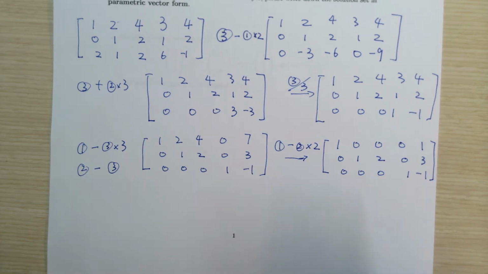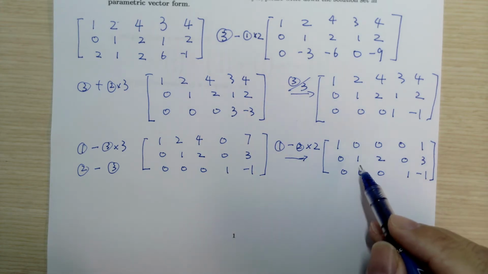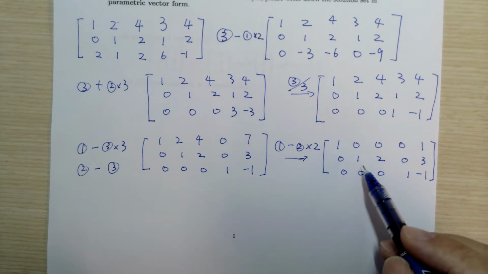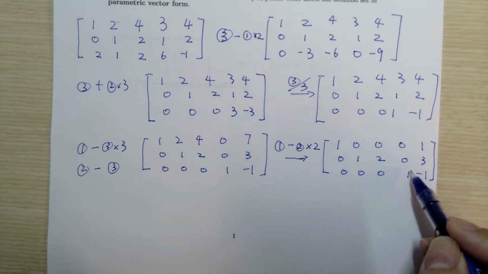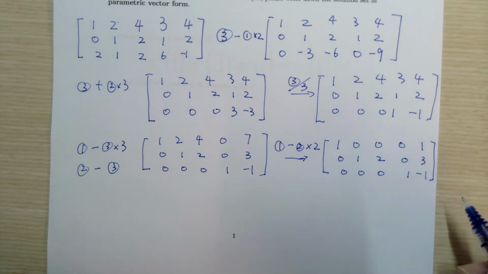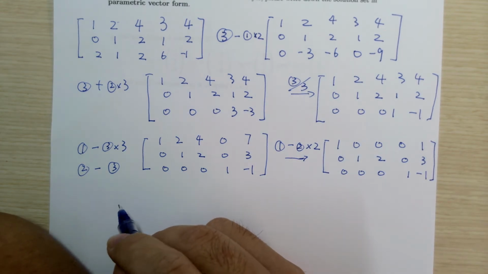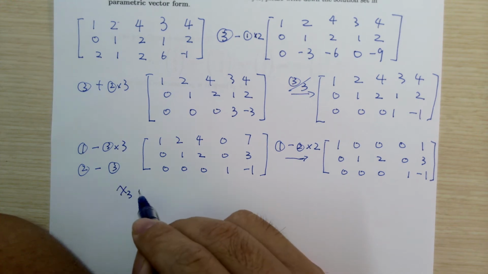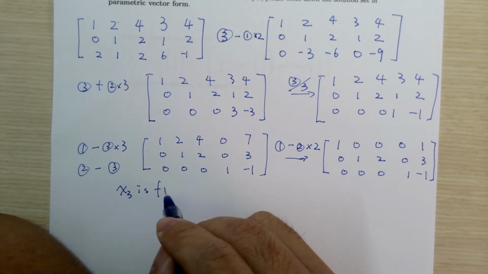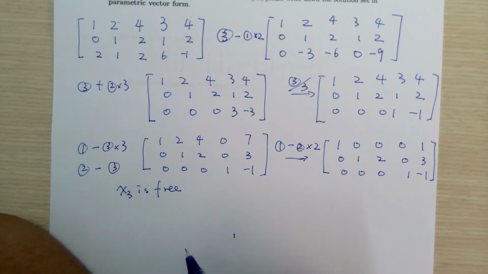So up to here, you can see we're done. Why? Because for the 3 pivot positions here, the pivot is the only nonzero value in its column, the others are all 0. Same for this part. And we can see that x3 is free, right? x3 is free.